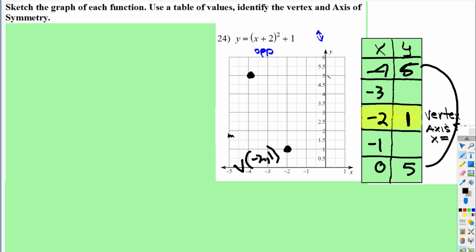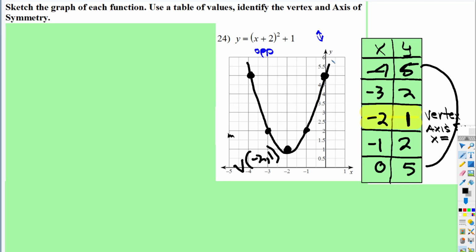And at 0, we go up to 5. And then I'm going to put -1 in there. -1 plus 2 is 1. 1 squared is 1. 1 plus 1 is 2. So at -1, we're up at 2. And at -3, we're up at 2.